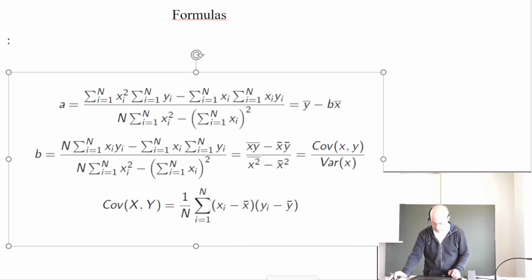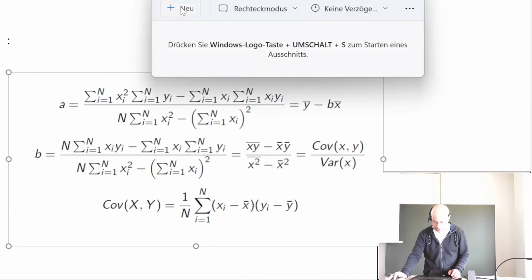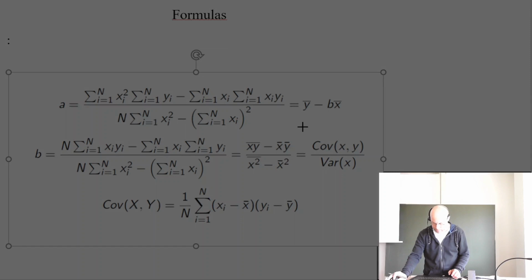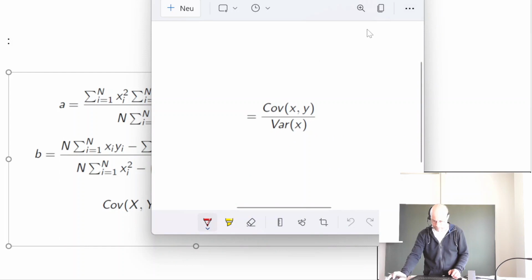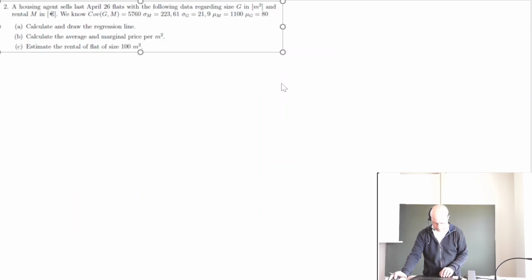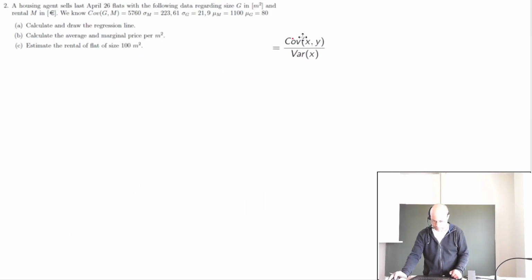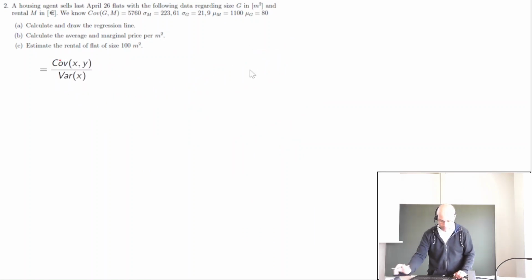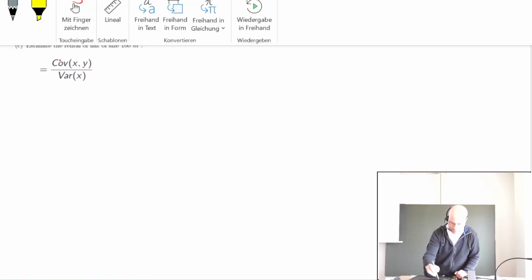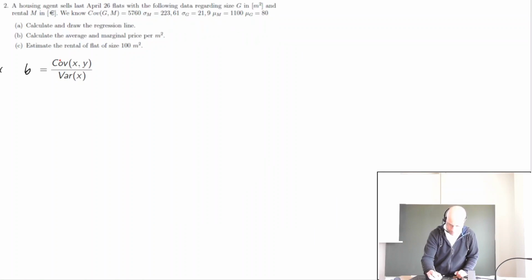We don't need everything, therefore we just take this one. So for question A, we have B is covariance over variance.